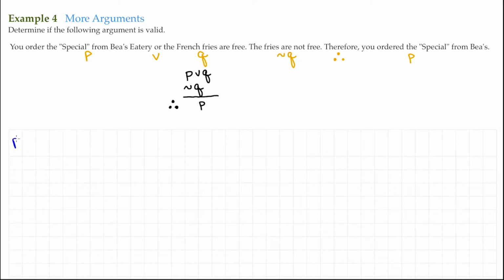So we go ahead and we put in our standard values here. We can see that we have a negated Q here, a not Q. So we'll put that in.